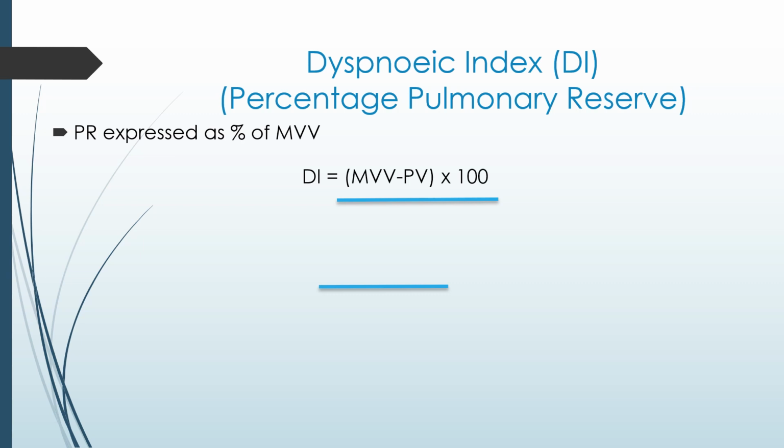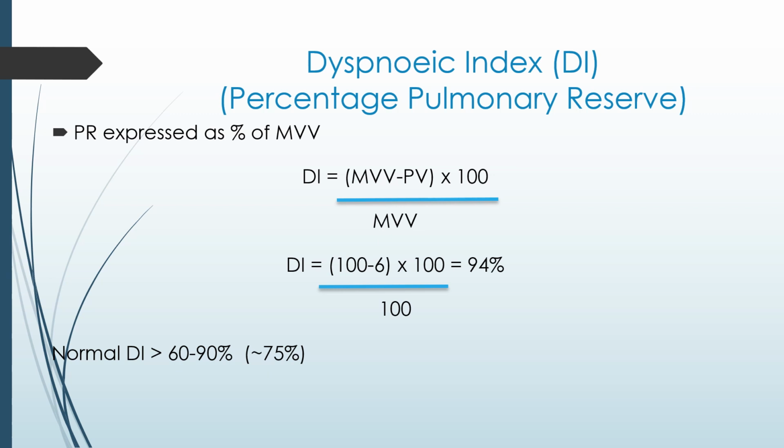The dyspneic index is equal to maximum voluntary ventilation minus pulmonary ventilation, divided by maximum voluntary ventilation, into 100. When we apply it, we get 94%. So the breathing reserve or the pulmonary reserve is expressed in percentage.